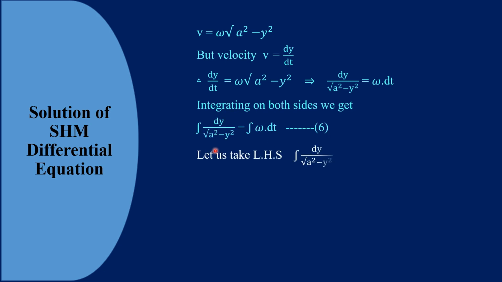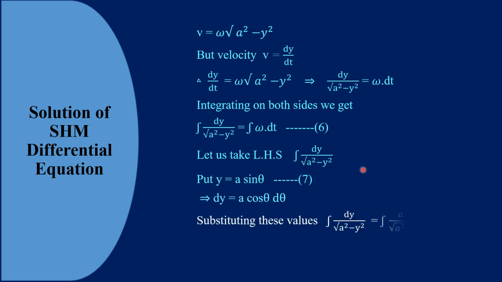So let us consider the left hand side of this equation, that is integral dy by root over a square minus y square. To solve this, let us take y equal to a sin theta, and the differentiation of this one is dy is equal to a cos theta d theta. Now substituting these two values in this equation, we get integral dy.